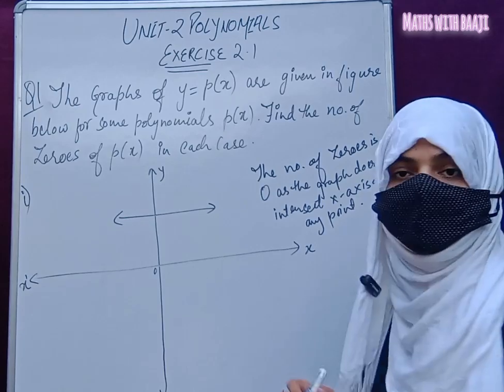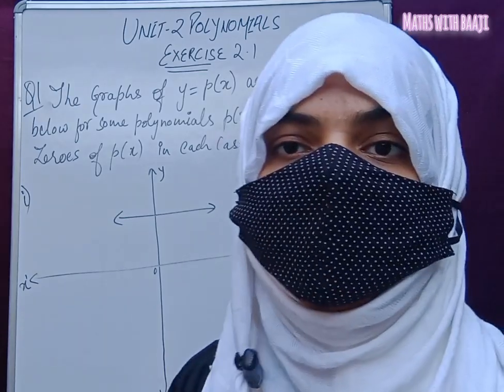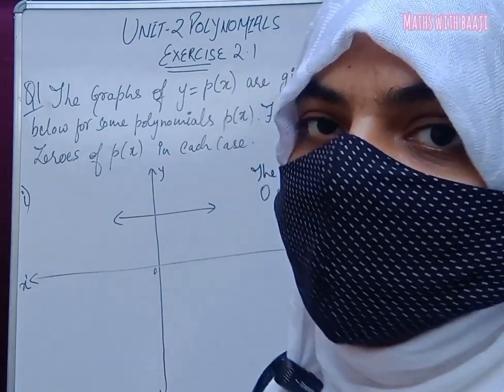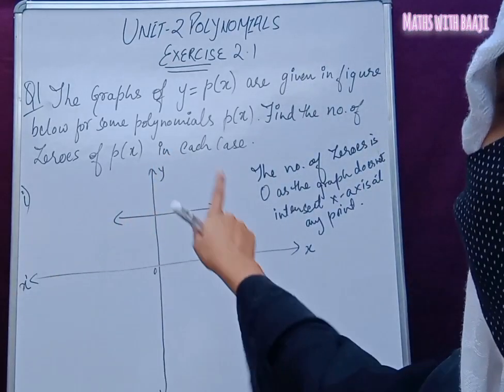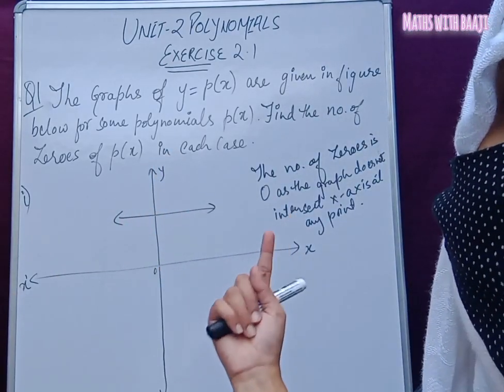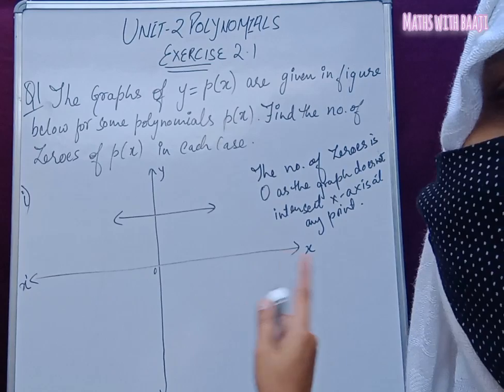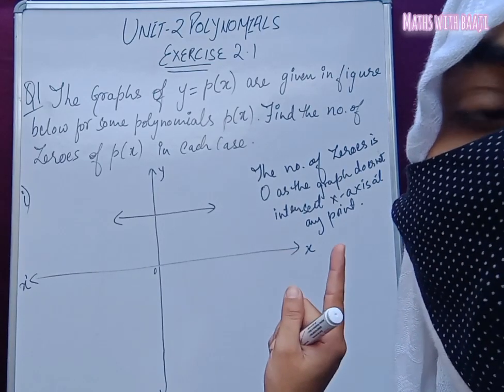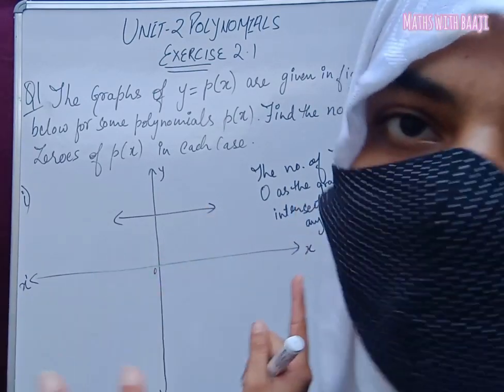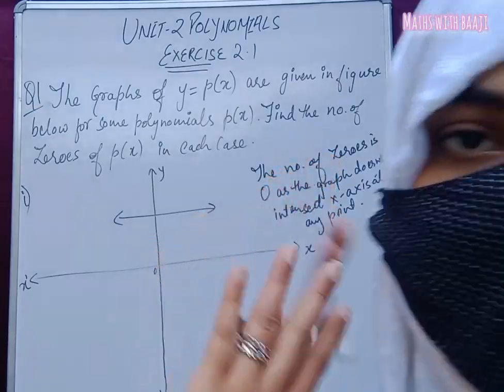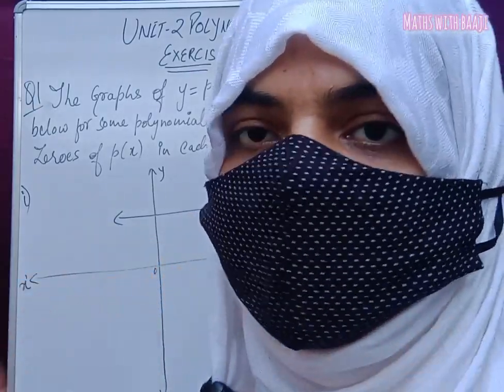Is it understood? It is not intersecting the x-axis at any point, so the number of zeros will be 0. This is the theory to be used for the written part. In the solution, only this much needs to be written, it is enough, no more detail is needed.